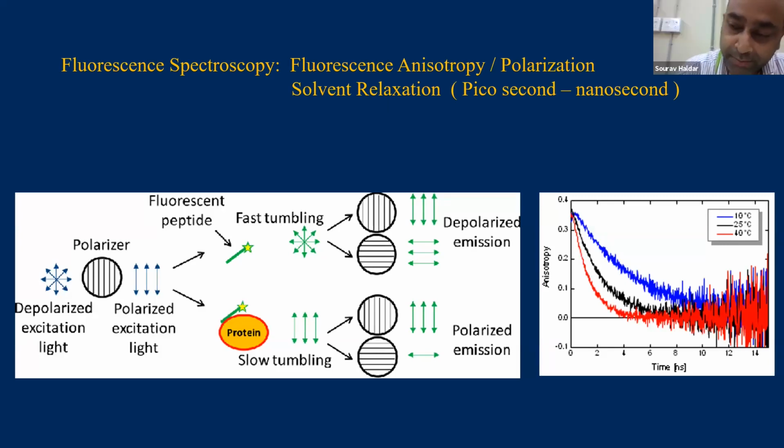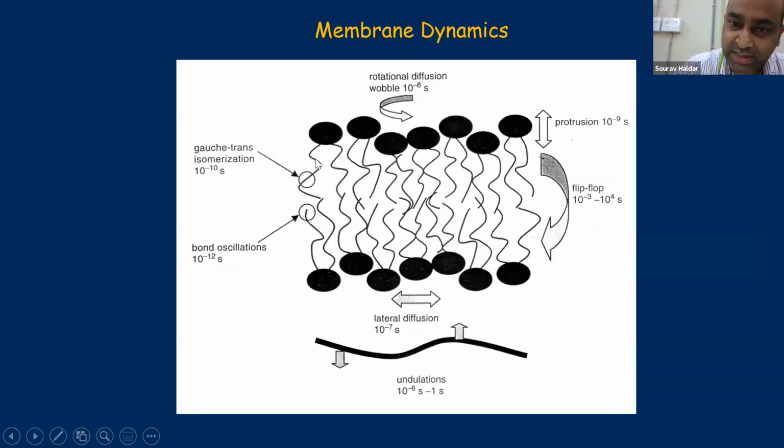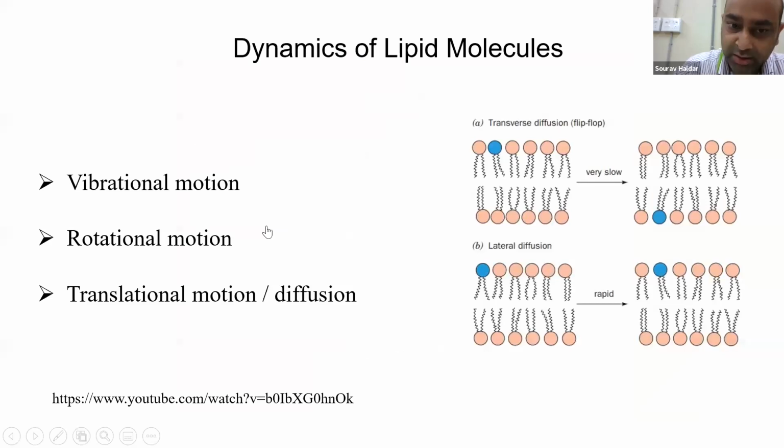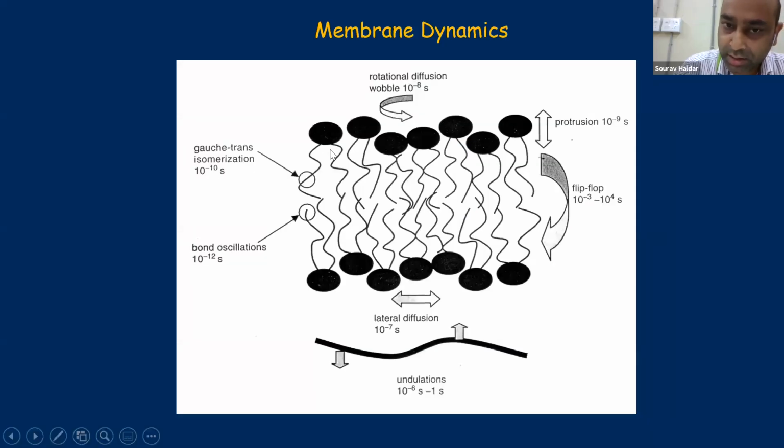So, using solvent relaxation, we can find out more about the head group mobility of the lipid molecule, because these are the region which responds to the change in excited state dipole moment.